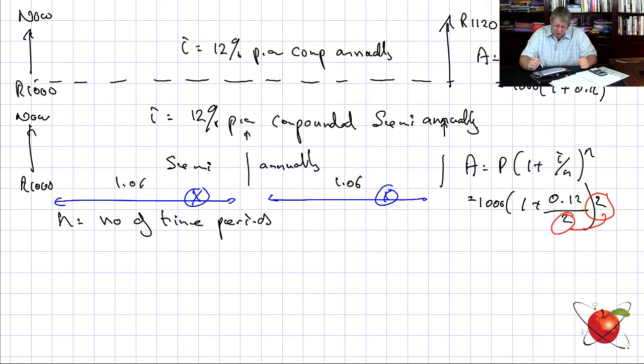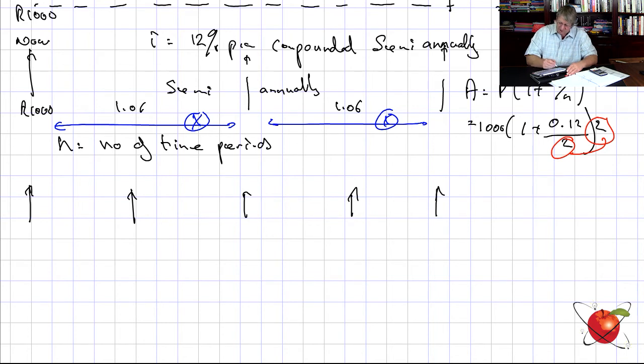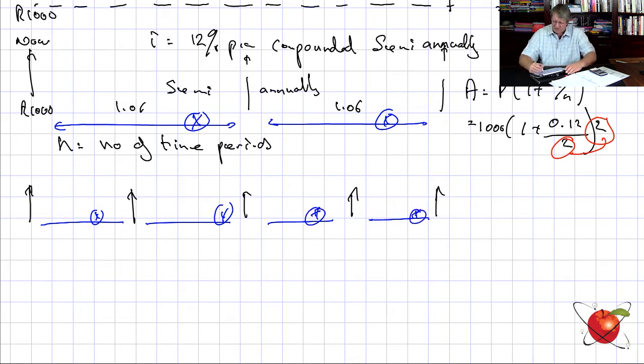Now I'm going to compound it every quarter. Therefore, let's just do the drawing so that we can see what we're talking about. We're going to do there, there, there, and there. So I'm going to add interest. Can you see here? I've now got how many compound periods? 1, 2, 3, 4. So n is going to be equal to 4.